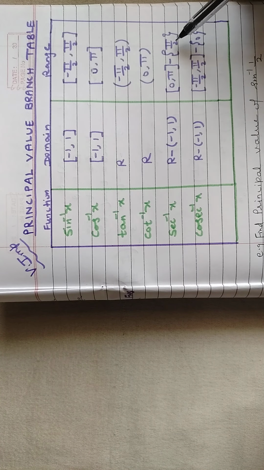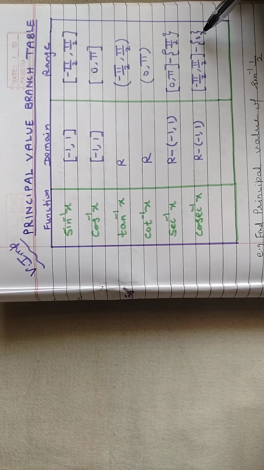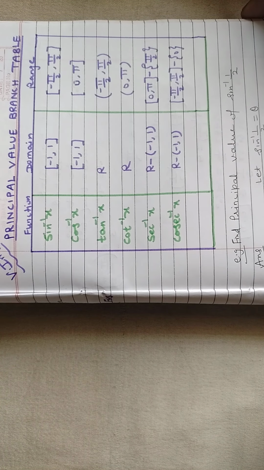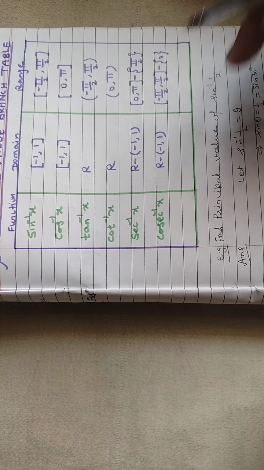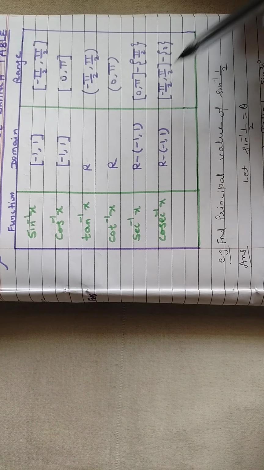So you will exclude this 90. Now cosecant inverse x, range is same as that of sine inverse x, but you will exclude 0. You will not take 0. Clear?